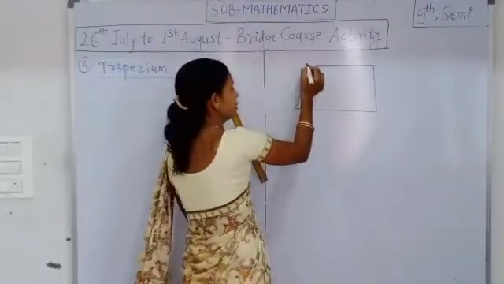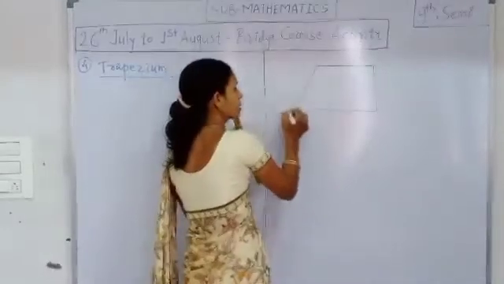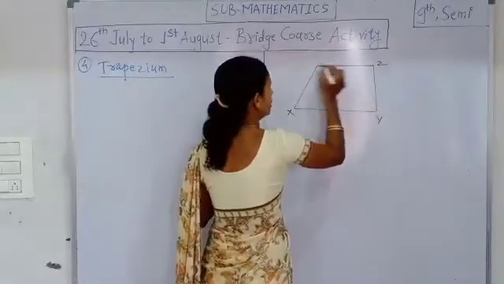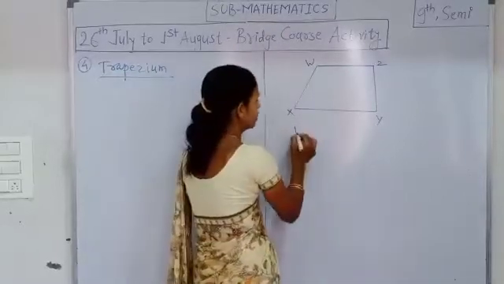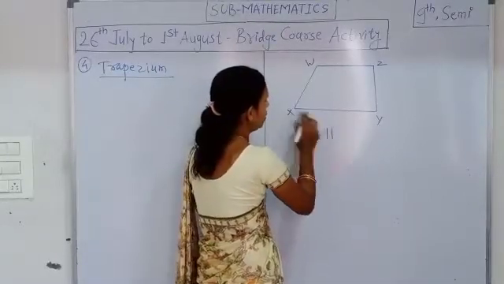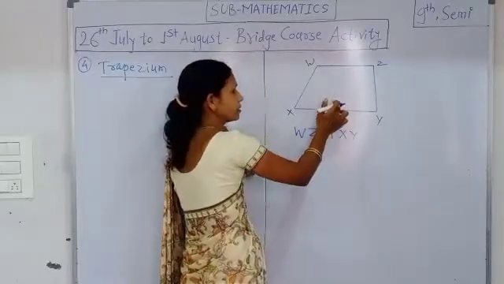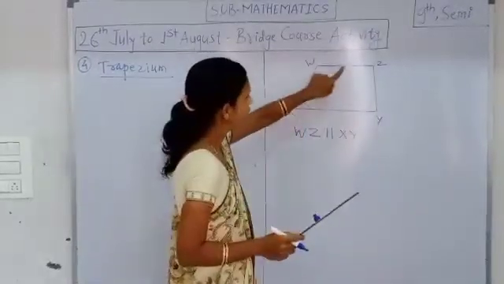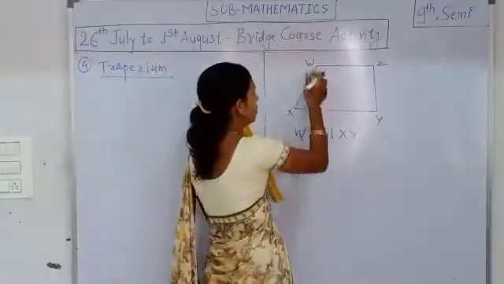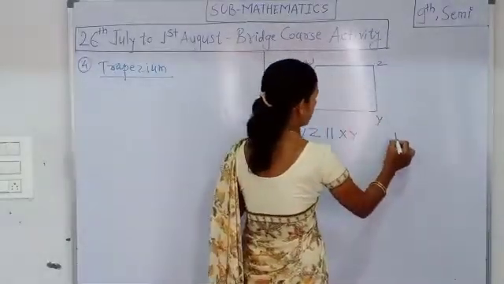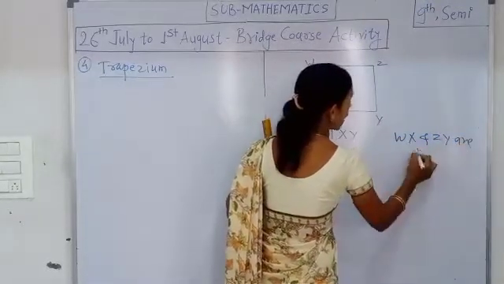In trapezium XYZW, WZ is parallel to XY, that means only one pair of opposite sides is parallel, and WX and ZY are non-parallel.